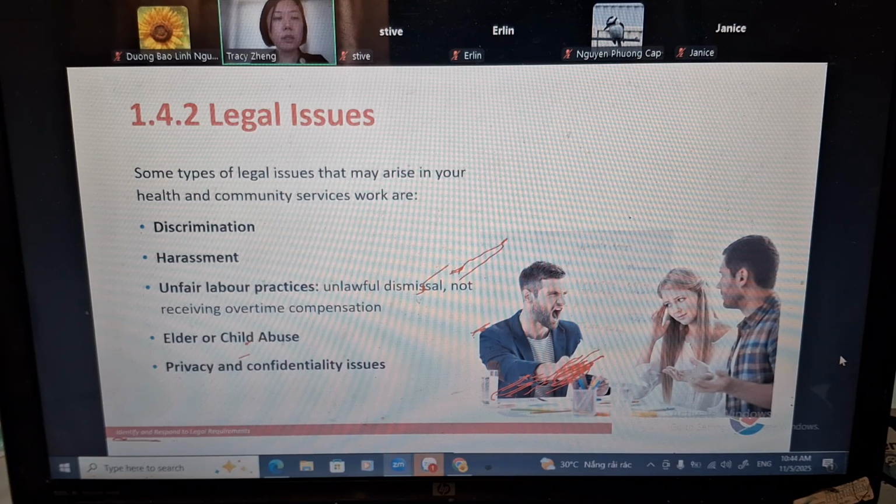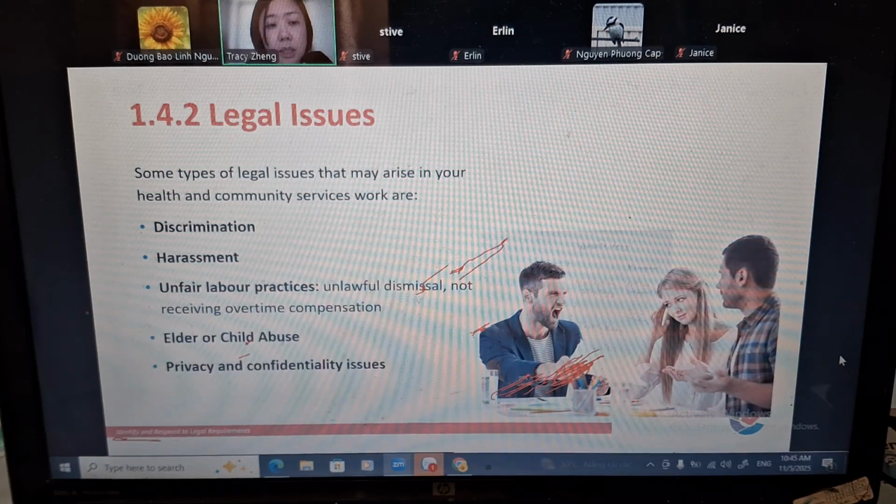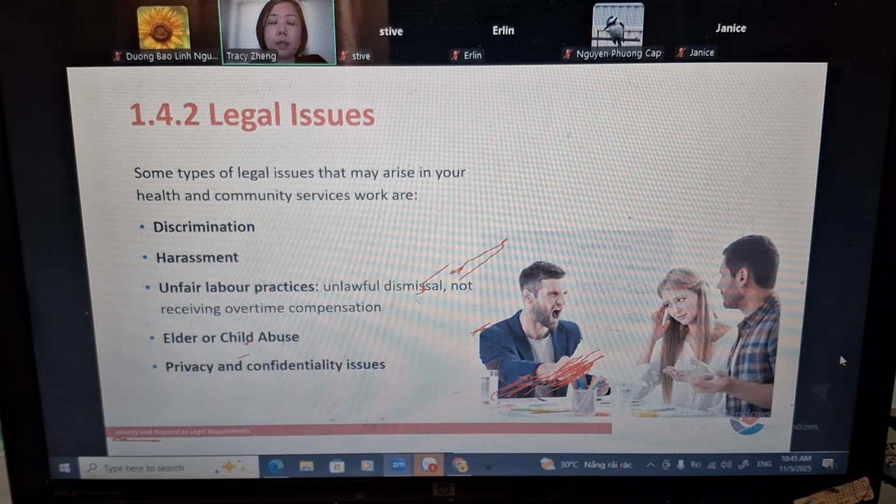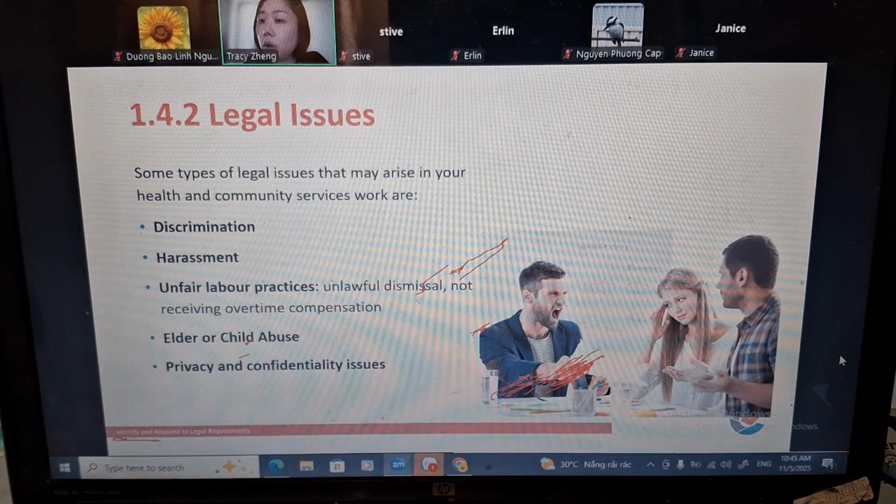And definitely, as we say, any elder or child abuse is 100% a legal issue, right? And if any of you or anyone breaches someone's privacy and confidentiality, that would definitely be considered a legal issue. So overall, any breach of the legal requirements we have discussed today will involve a legal issue, because as we say, a legal requirement is according to the law saying we must do it in that way.